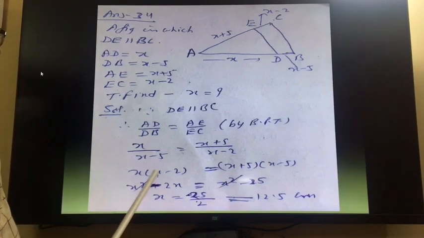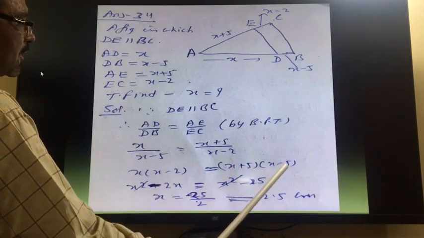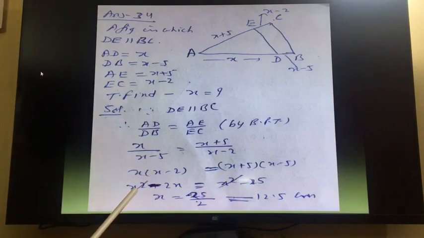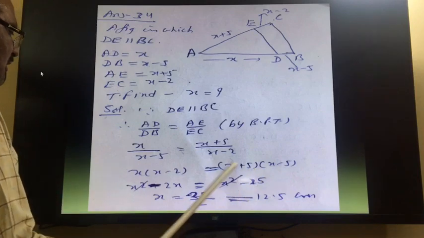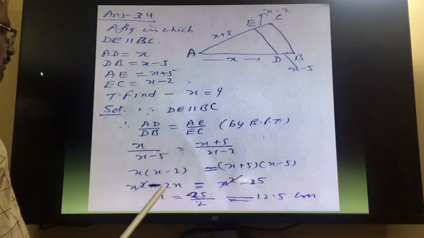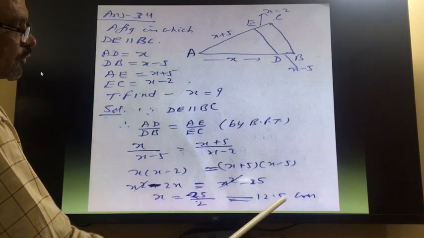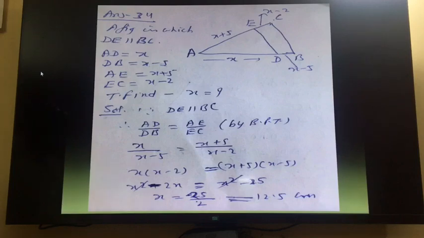So x square minus 2x is equal to x plus 5 into x minus 5, which is x square minus 25. x square will be cancelled after transferring, and this minus 2x will become plus 2x this side and minus 25 will be 25 this side. So 2x is equal to 25, so x is equal to 25 by 2, that is 12.5, right? So we will get the value of x.